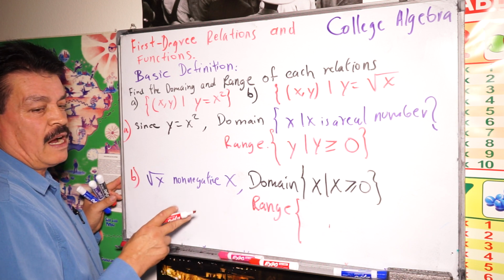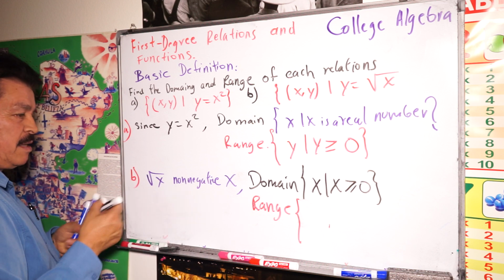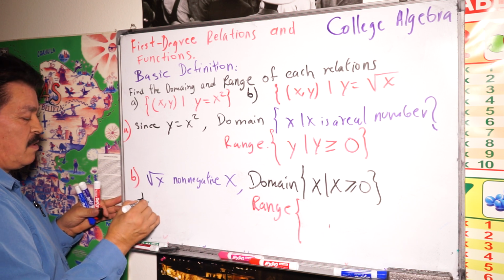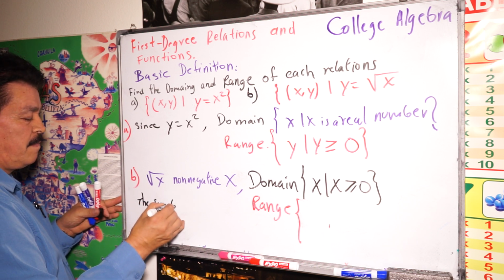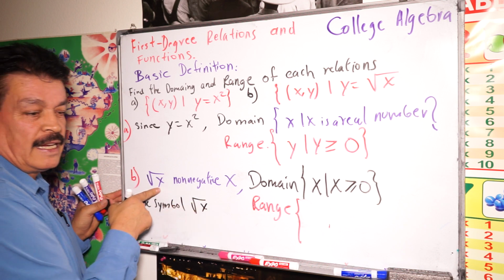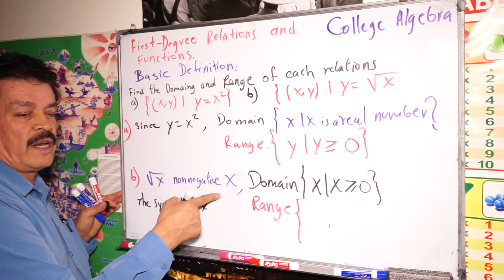But before that, let me write something. The symbol, the square root of x, indicates the non-negative square root of x.